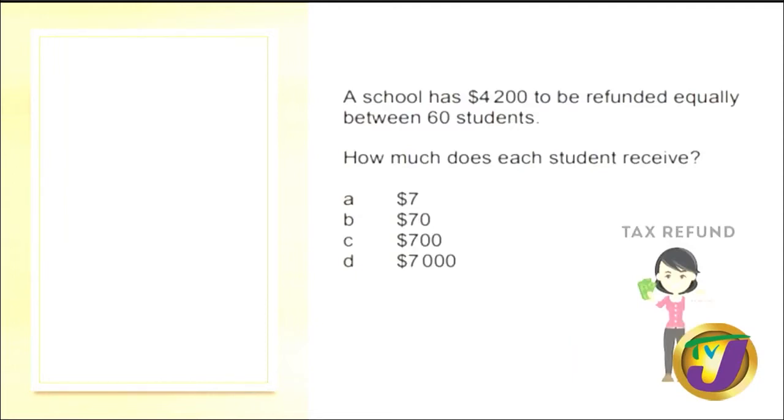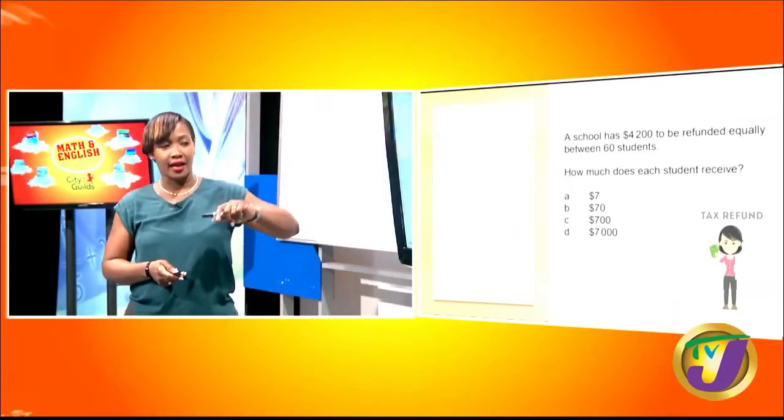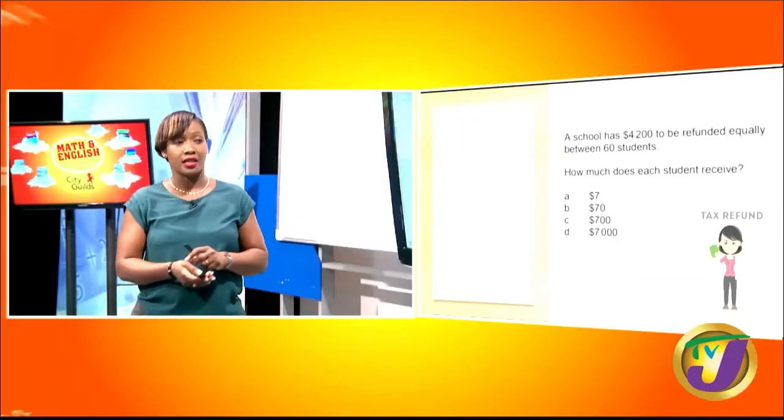All right, next question. A school has $4,200 to be refunded equally between 60 students. How much does each student receive? Now let's discuss a little. What does the term refund mean? Have you ever met that word? As you can see, my little diagram there has a tax refund. There are different things in real life that you may get a refund on.